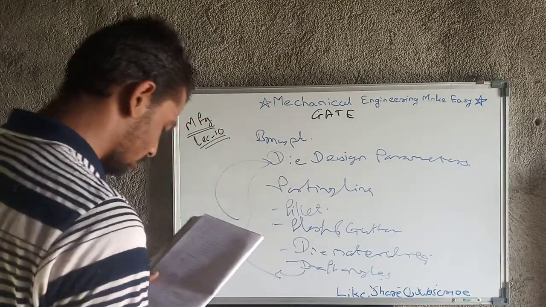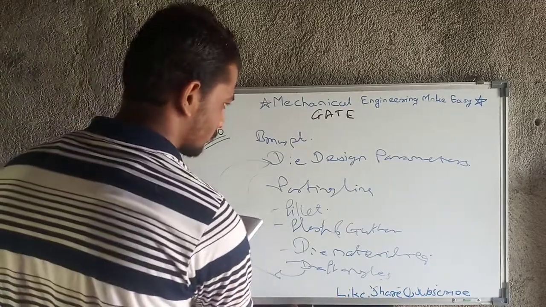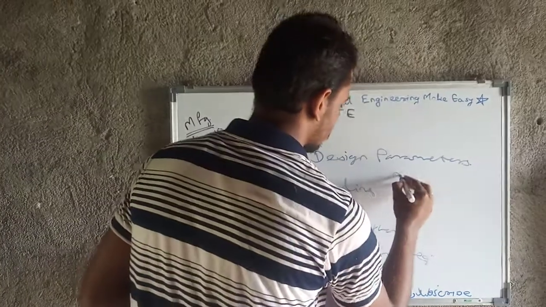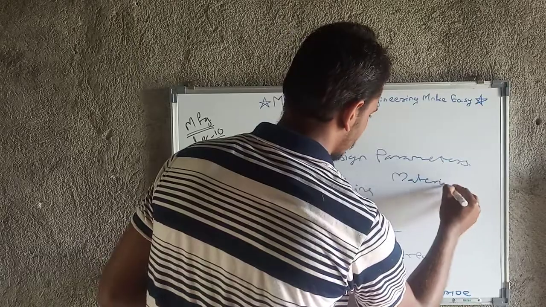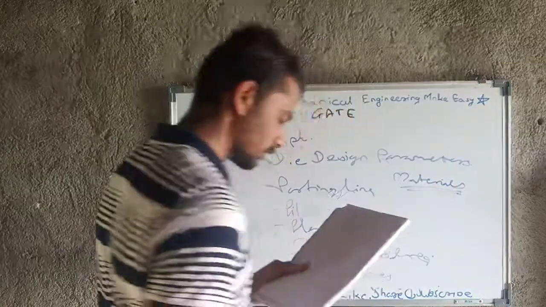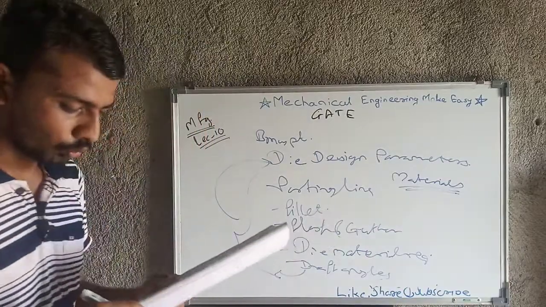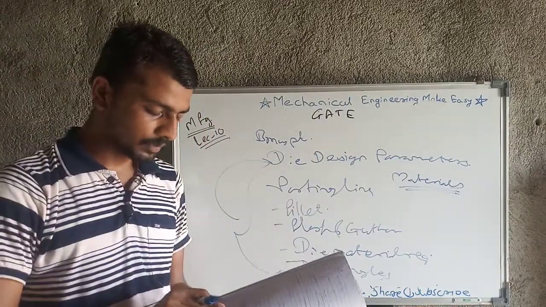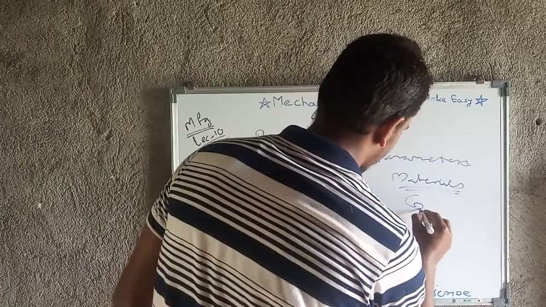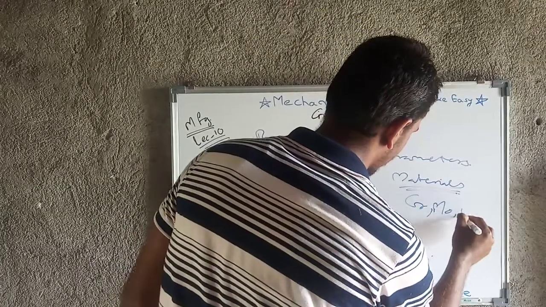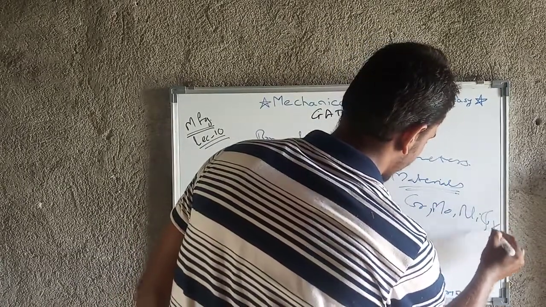Another bonus point is the materials. The material for the die is tool and die steel with chromium, molybdenum, nickel and vanadium.